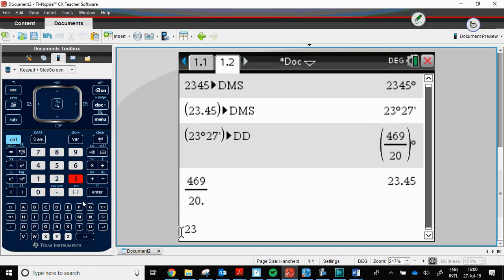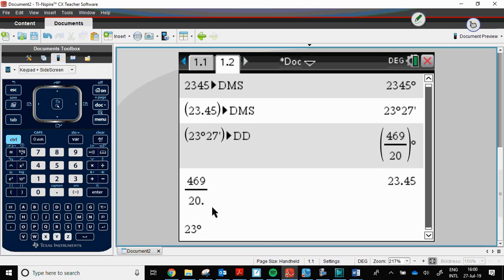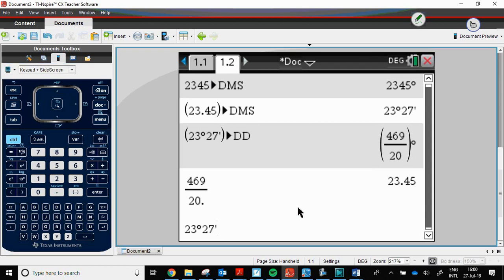Well, the easiest way that I know of is to press the pi button, and then there's a degree symbol, and then press it again, and then right there is a minute symbol. So there's your degrees, minutes, and then if you wanted seconds, you would just press the apostrophe again, and then go back and convert it to DD, which stands for decimal degrees.